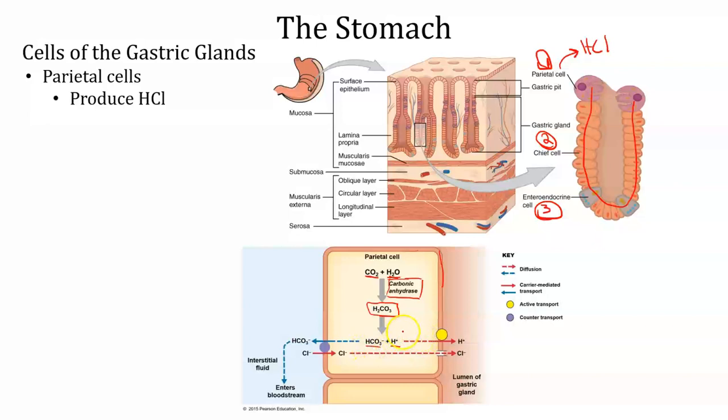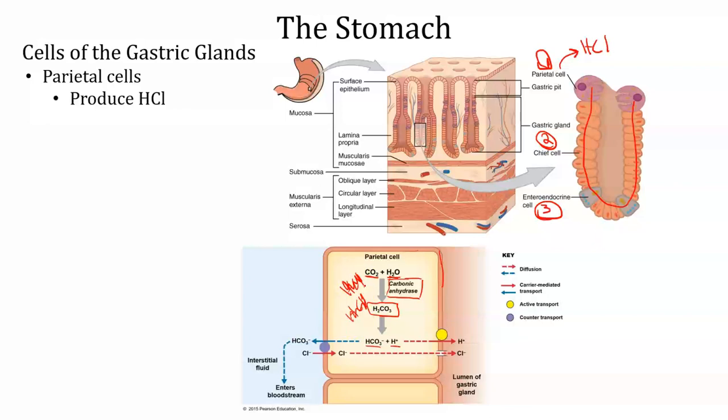Well, a clever mechanism here makes it such that you're not creating acid inside the parietal cell. Like if we were making a bunch of hydrochloric acid right here inside the cell, it'd probably scorch stuff. And generally you want to keep pH quite maintained inside of a cell.